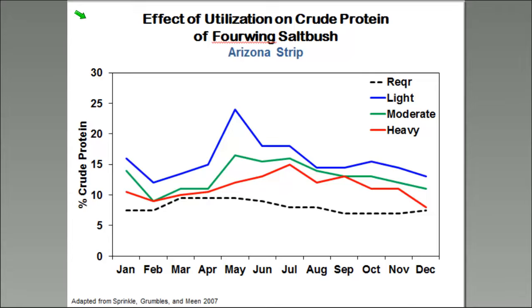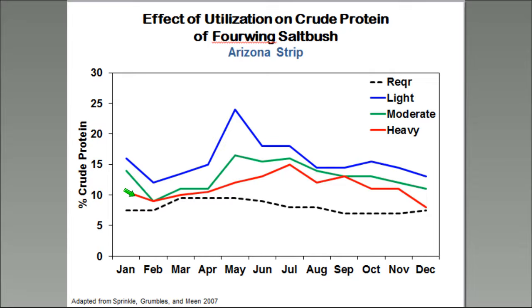So if we take four-winged saltbush, which is a shrubby, small shrub type of browse species up in the Arizona Strip, which is north of the Grand Canyon, between there and the state of Utah, we see in the dotted line here the protein requirement as it might change for that, again, moderate size, moderate milking beef cow that would calve probably in March and be weaned in October.